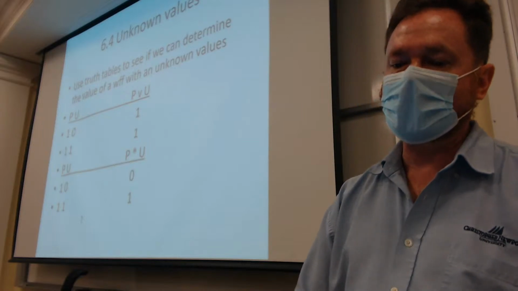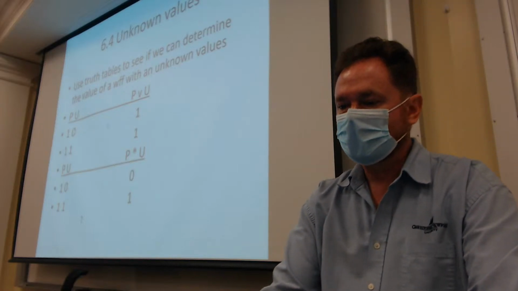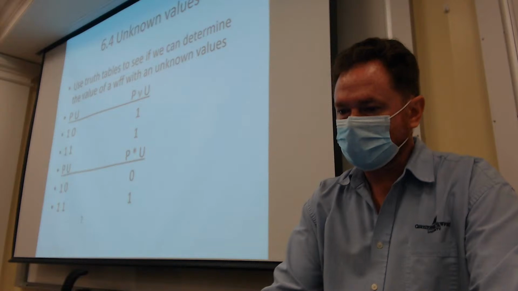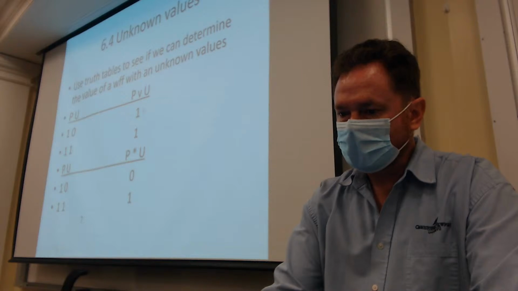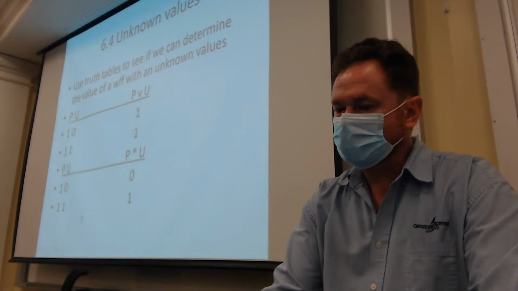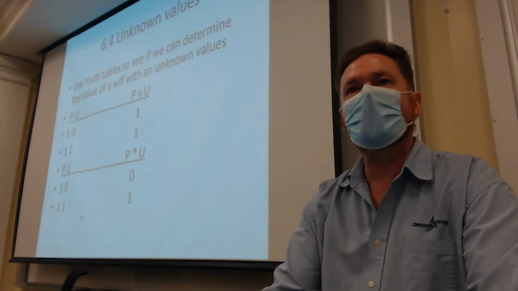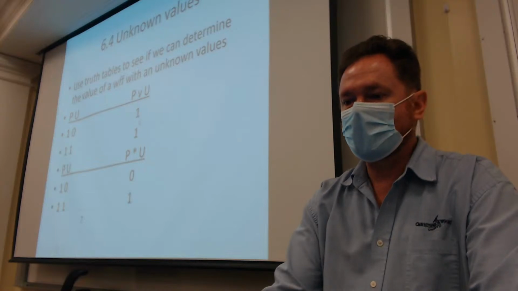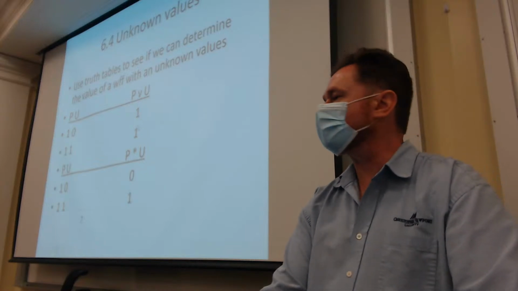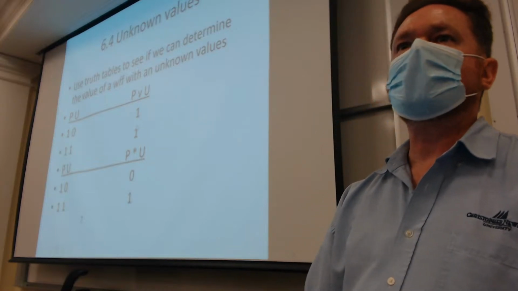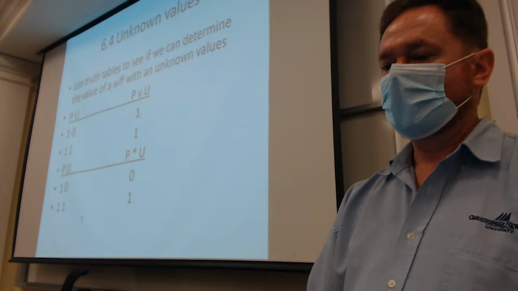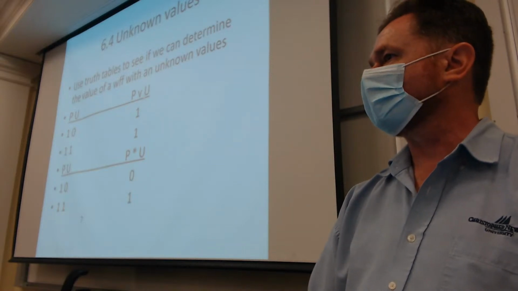So we run it the first time with the unknown value false, and the wedge statement is true because the left side is true. And then we run it again with the U as true, and the value of the OR statement is true because both sides of the OR are true. So therefore, this truth table has proven that the value of the OR is true on P or unknown when P is true.